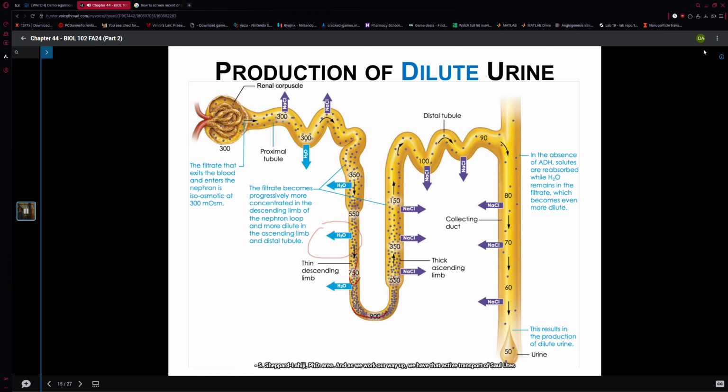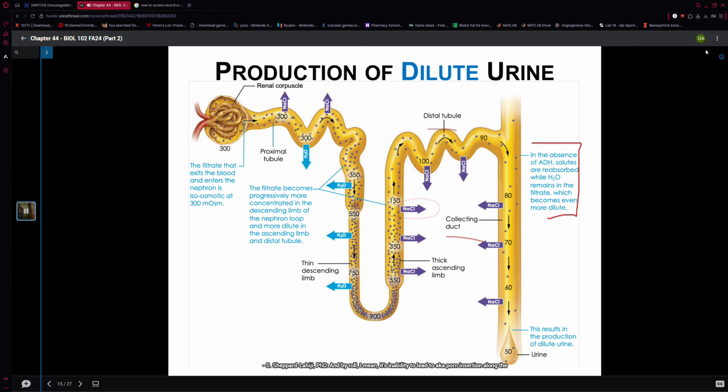And as we work our way up, we have that active transport of solutes out of the filtrate, which is going to start to decrease the solute concentration of the filtrate. And so we'll see this continual decrease as we move those salts out. And then we can still have reabsorption taking place along the distal tubule and the collecting duct. So the key thing for the production of dilute urine is the role that ADH will play.